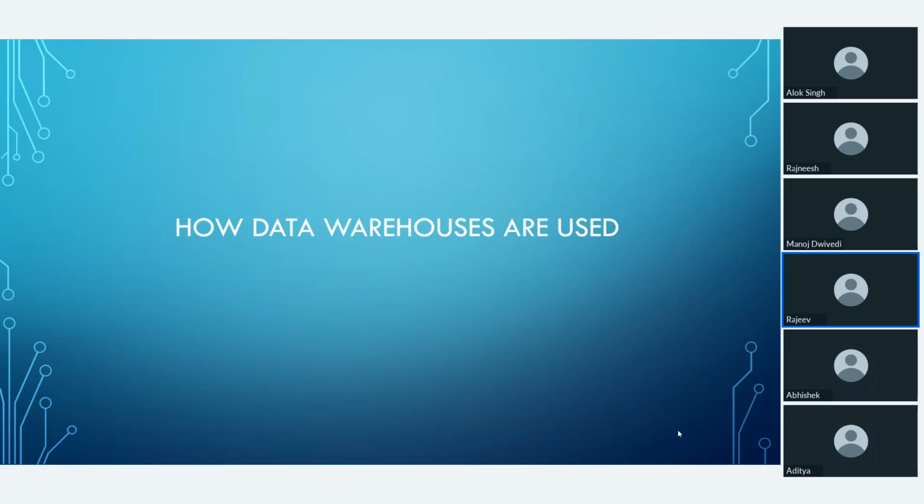Okay. The next topic is how data warehouses are used. So let's understand this topic. You can think about you are running a big company where we are getting tons of data.